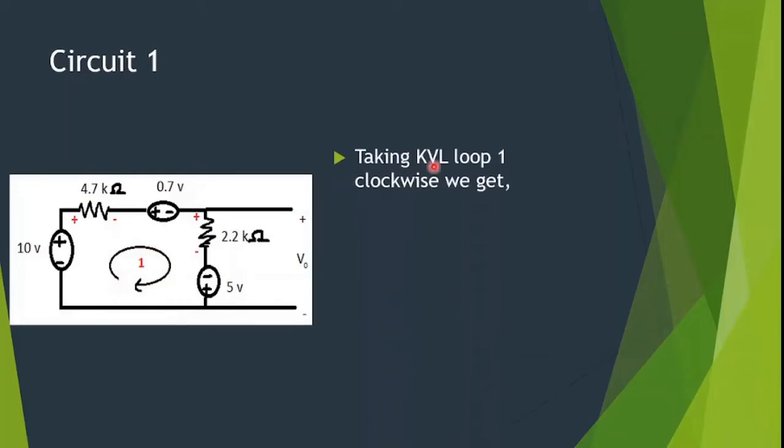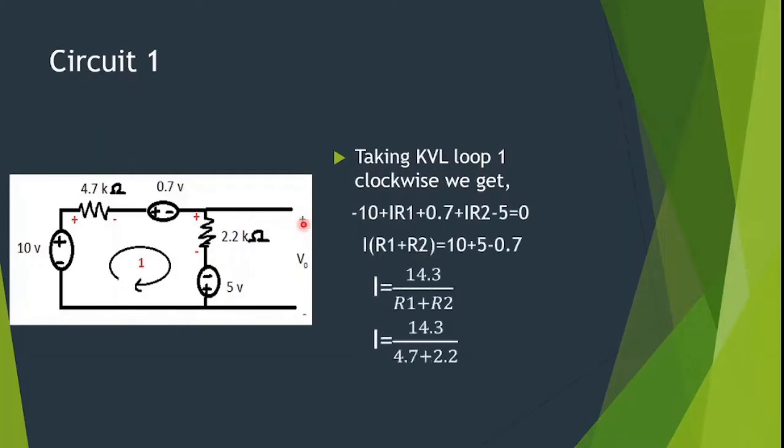Okay, taking KVL loop 1 in the clockwise direction, we'll get an equation in this form: minus 10 plus 4.7 kilo ohm, and then 0 plus 0.7 plus this resistor into I, and then minus 5. This is the equation, as you can see. Now how did I assign this minus, plus, plus, plus, and then minus?